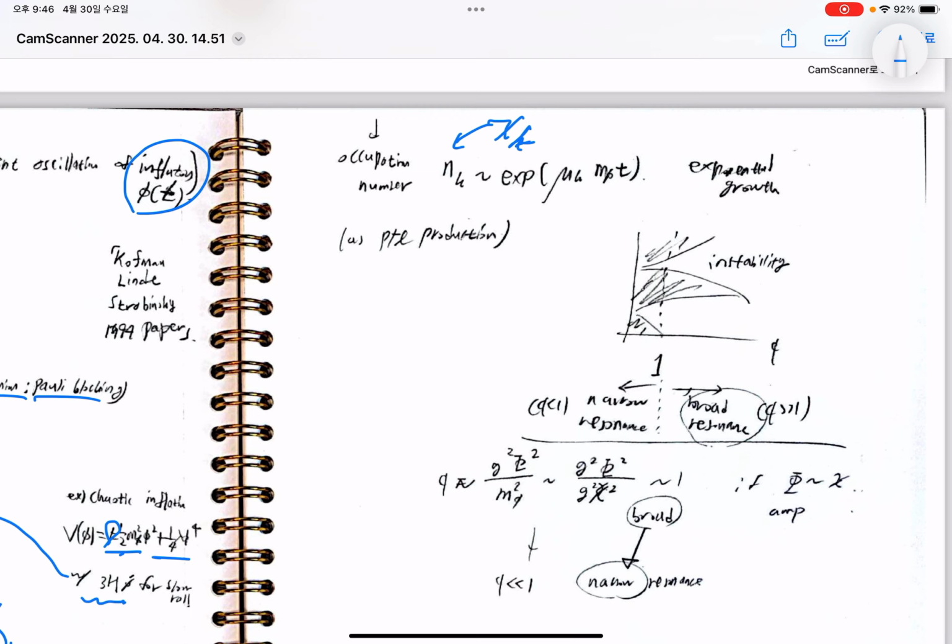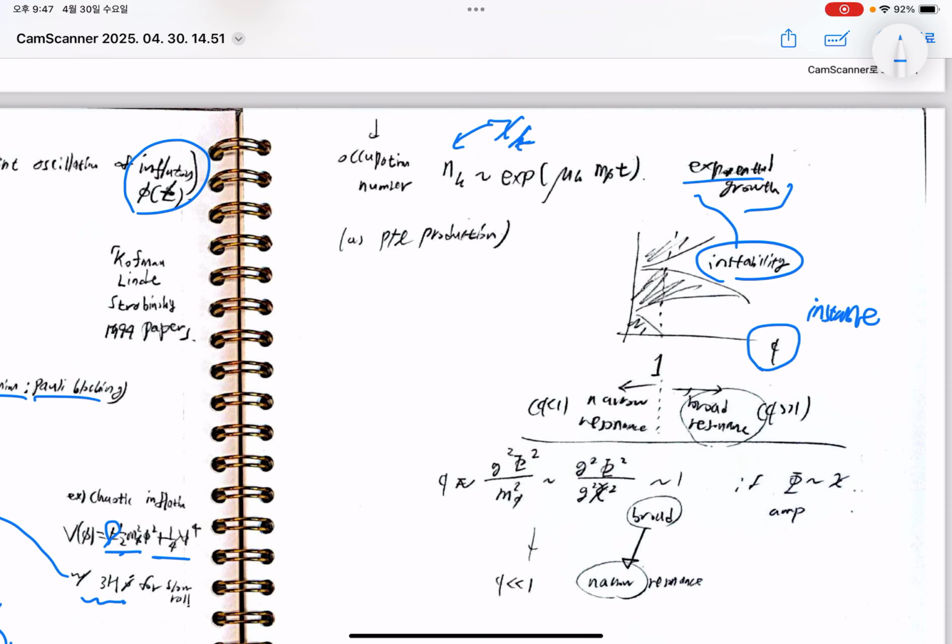So the particle production exponentially grows. And in the parameter space, we can define the parameter q, which is represented as the instability parameter, and in some regions of the parameter space, the instability solutions such as exponential growth through the particle production and occupation numbers are possible.